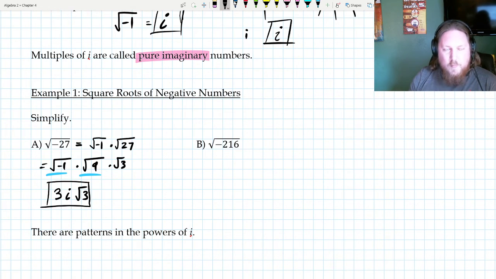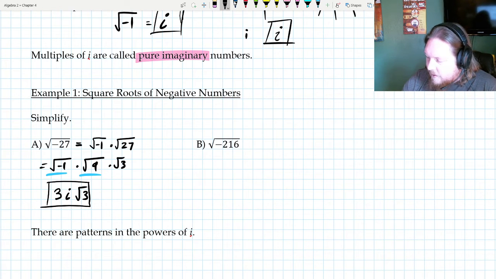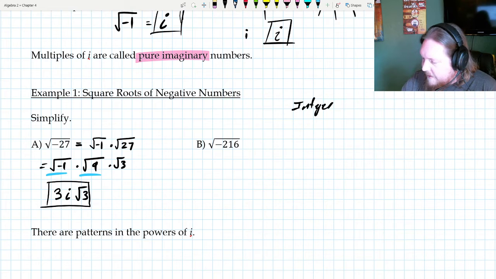Now, it is kind of important the order that we do things here. We always do the integer, imaginary, and then the root.